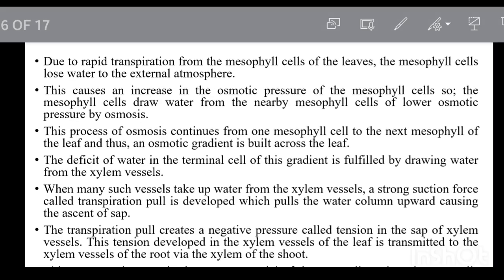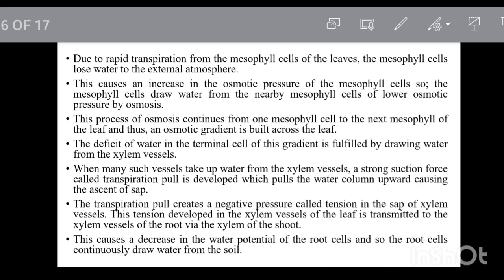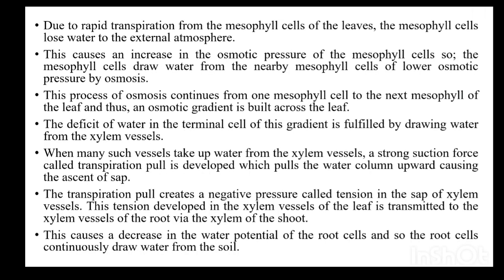Due to rapid transpiration from the mesophyll cells of the leaves, the mesophyll cells lose water to the external atmosphere. This causes an increase in osmotic pressure of the mesophyll cells.